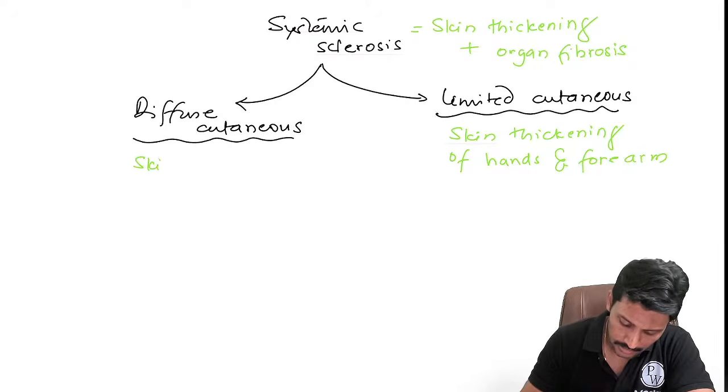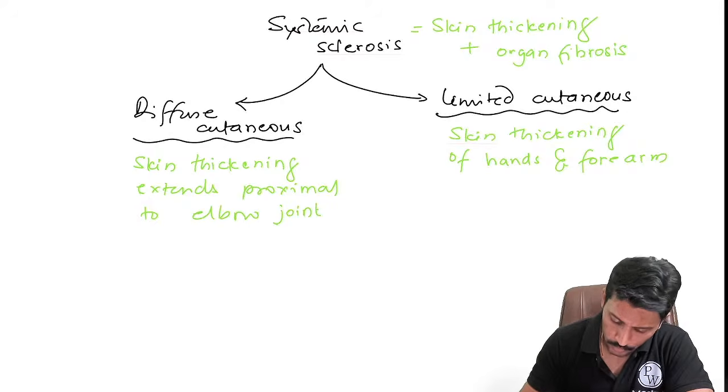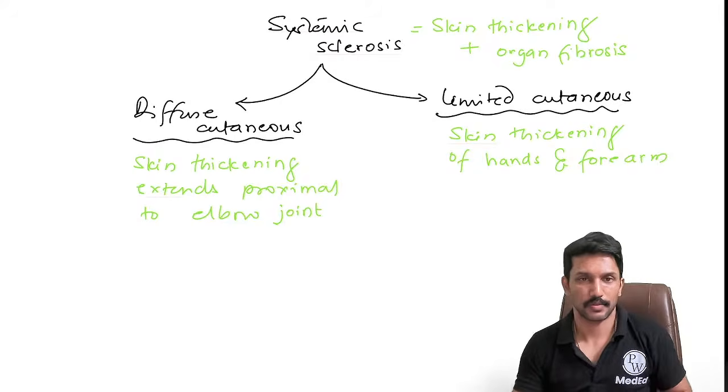And if the skin thickening extends proximal to the elbow joint, then we call it diffuse cutaneous.